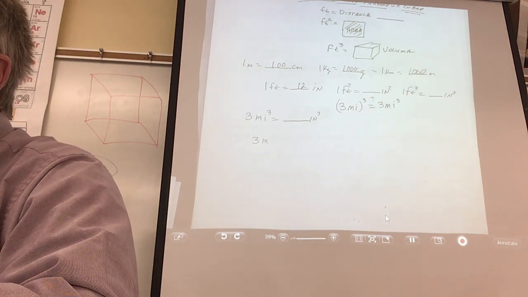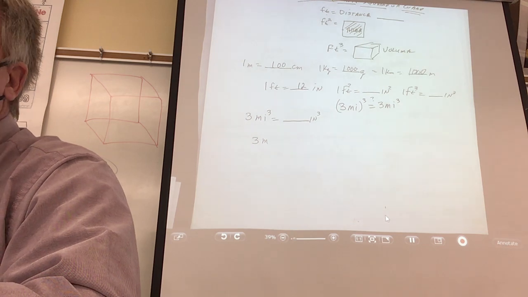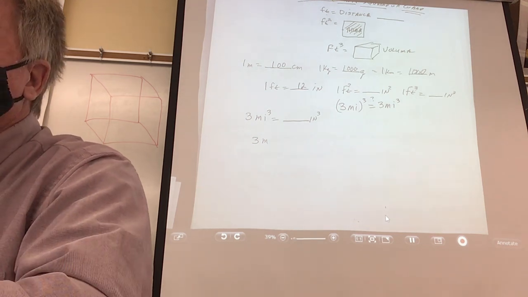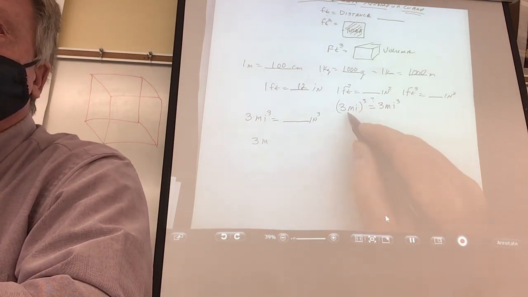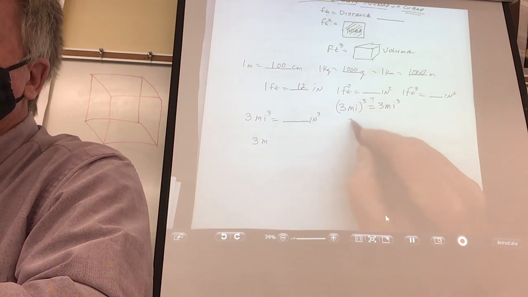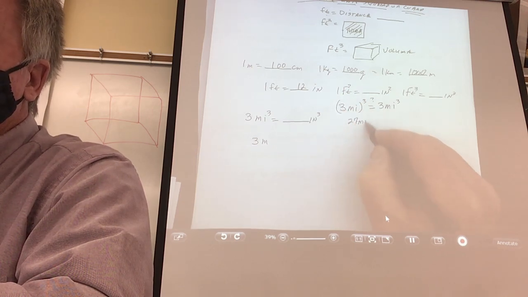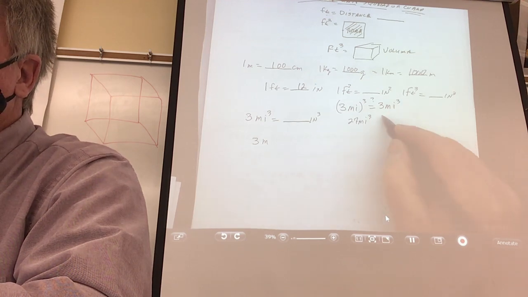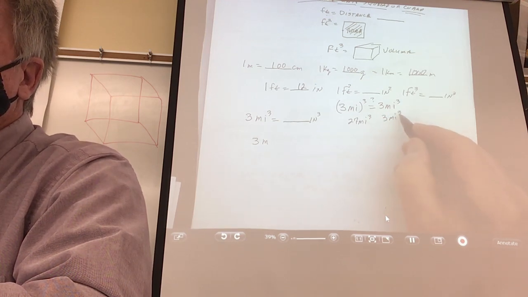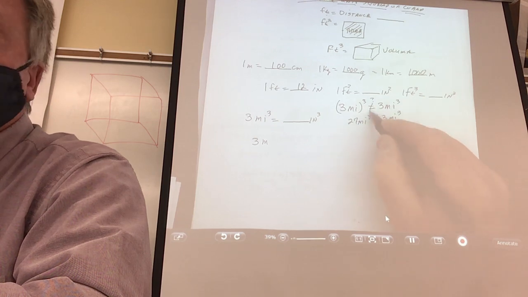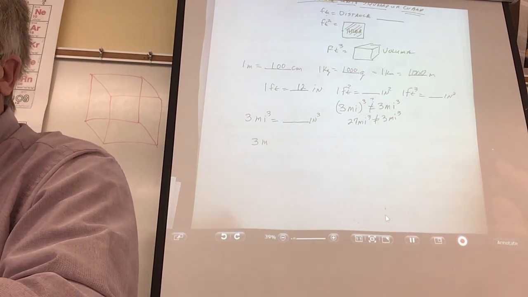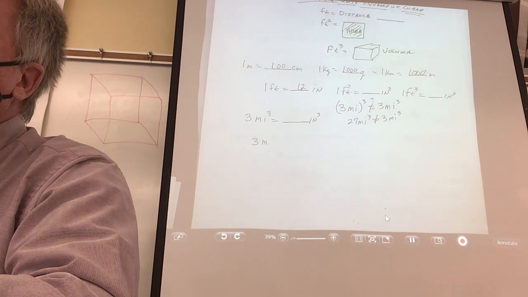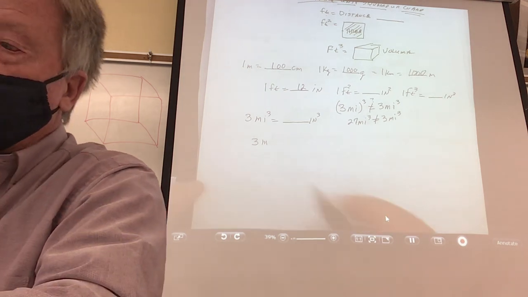If you say yes, that's why you miss some of your algebra problems. This says cube everything in there. Cube the 3. Cube the miles. This says cube the miles. You understand that? So they are not equal, are they? So what's being cubed here? The 3, the miles, or both of them? Just the miles.